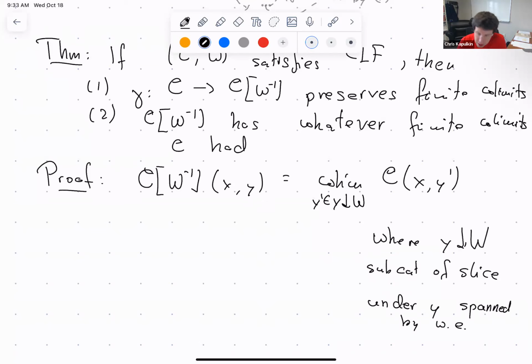So all the objects of that category are all the maps from Y to something that are weak equivalences, and then all the maps between those.